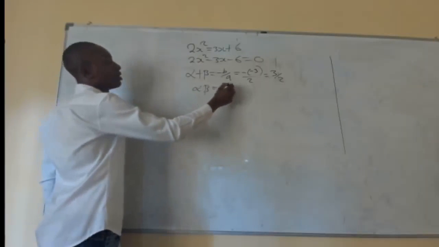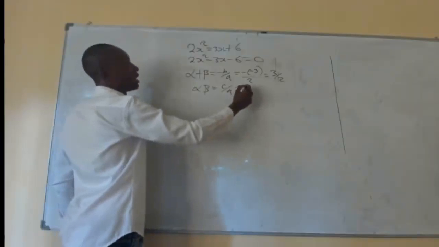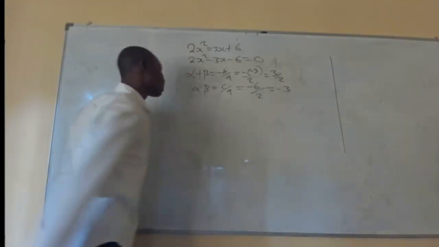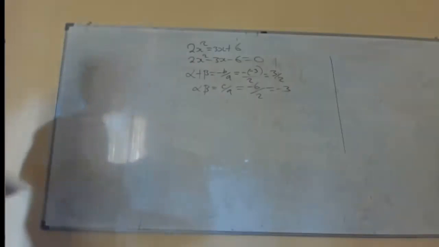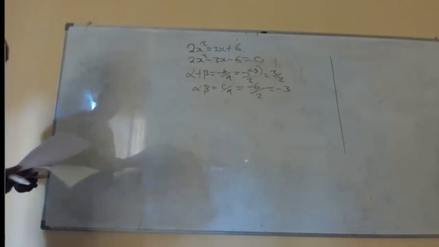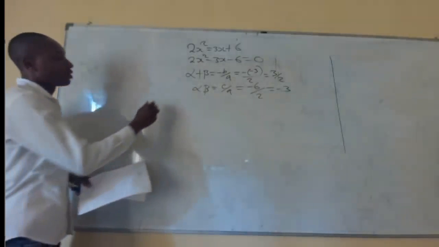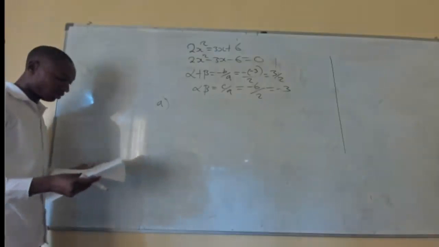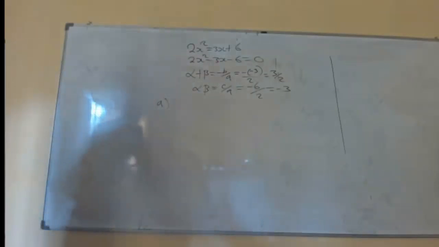The product of the roots is c over a. c is negative 6 over a is 2, so the answer is negative 3. Okay? So, part A.